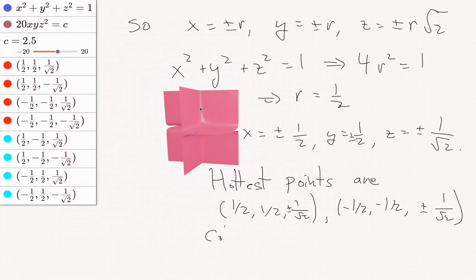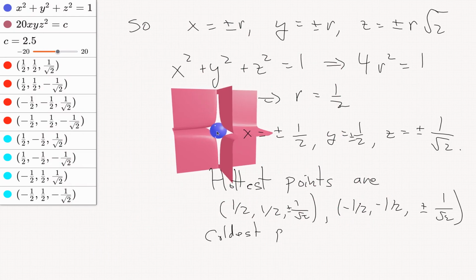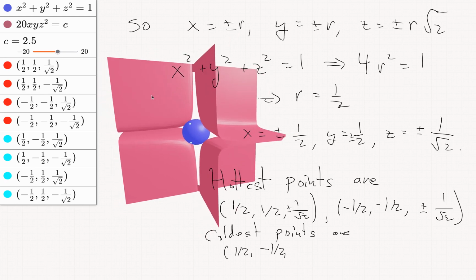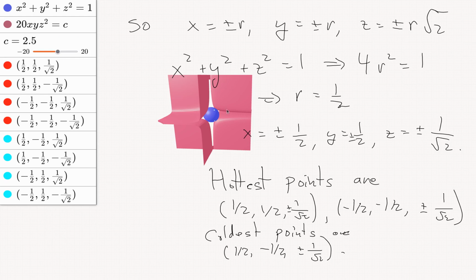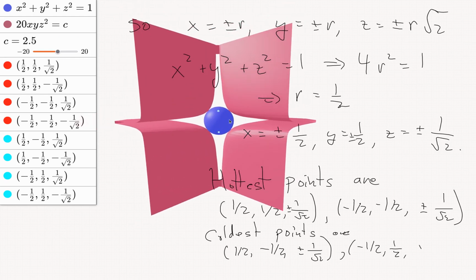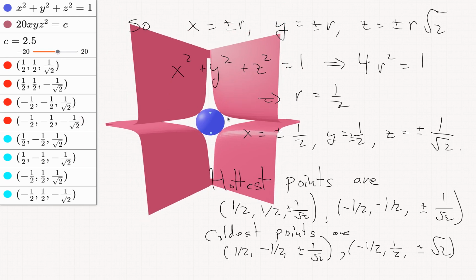And the coldest points are 1/2, negative 1/2, and then plus minus 1 over root 2, and negative 1/2, 1/2, plus minus 1 over root 2.